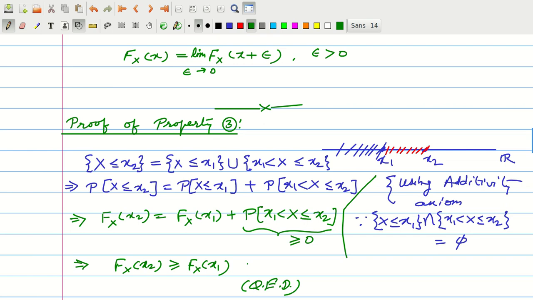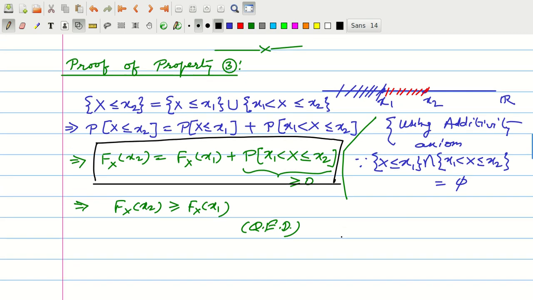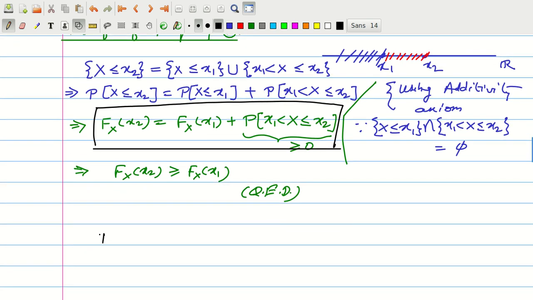This proof also gives an important result, which is this, that the probability of x lying in the interval x1 to x2, excluding x1 including x2, is given as fx x2 minus fx x1.